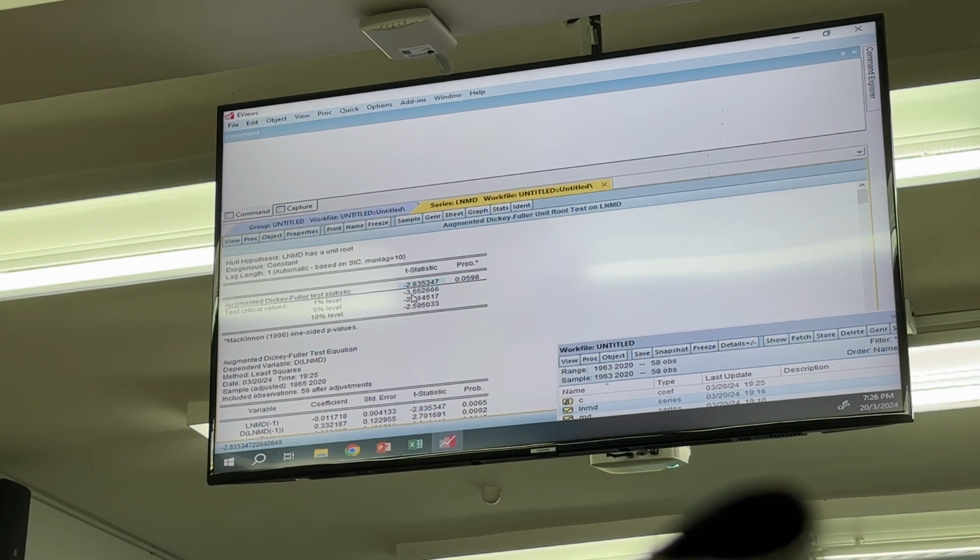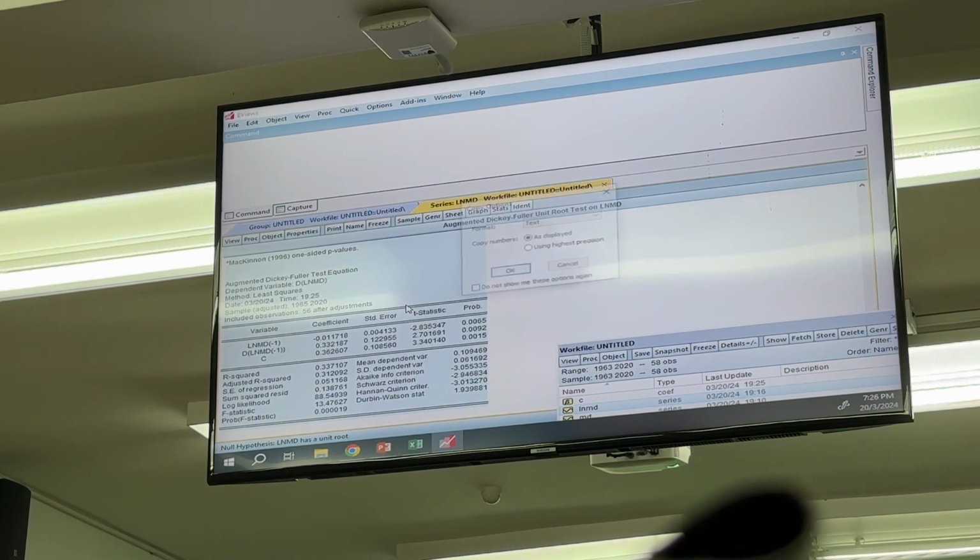You know how this works? I copy this, it is too small, right? That is my Word file. So the test statistic we mentioned is the coefficient for y(t minus 1).